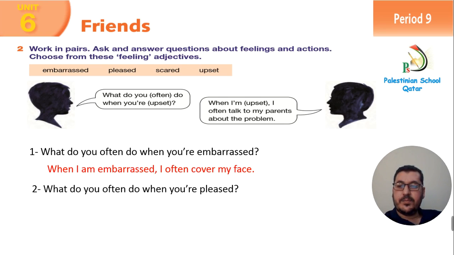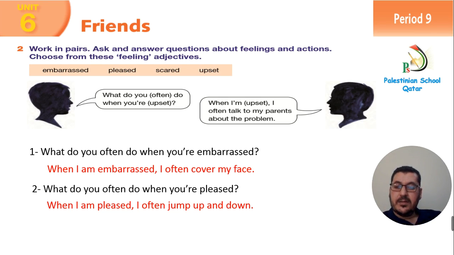Number 2. What do you often do when you are pleased? When I am pleased, I often jump up and down. And number 3, what do you often do when you are scared?